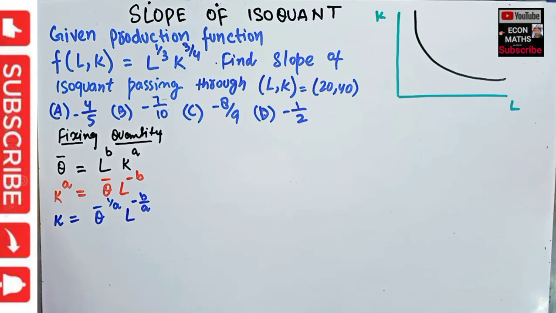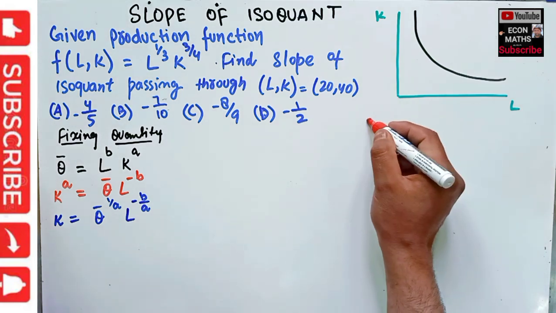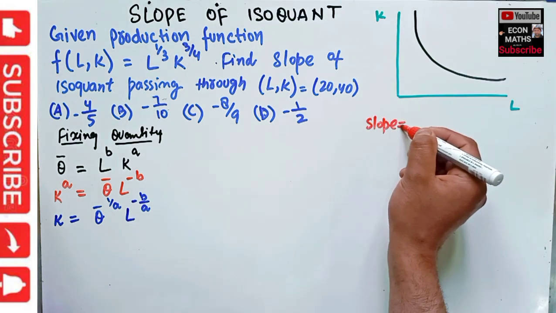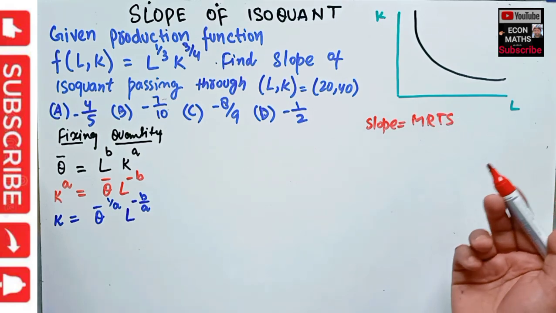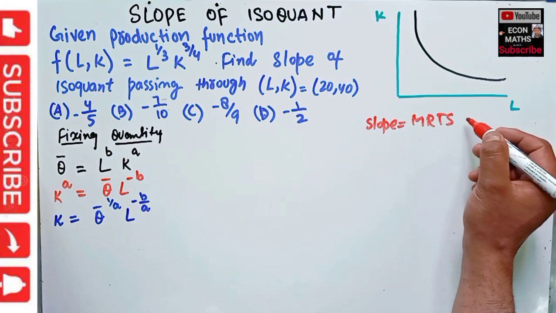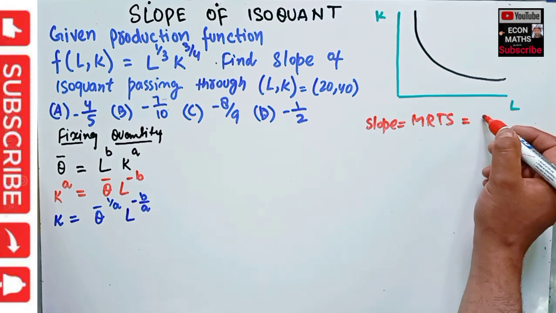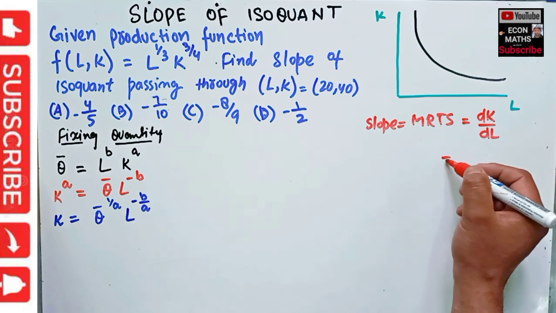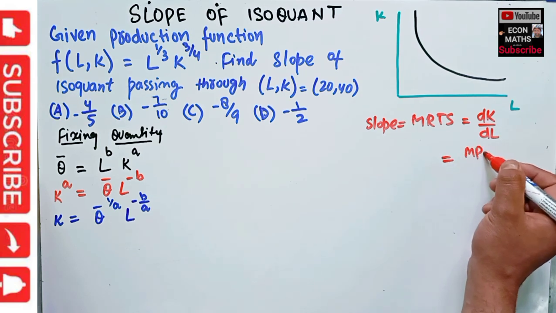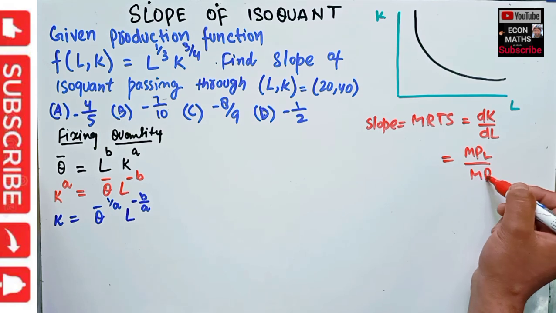Now what is slope? Slope is given by the marginal rate of technical substitution between two inputs, which is equal to dK/dL, which is actually equal to the marginal product of labor divided by the marginal product of capital.